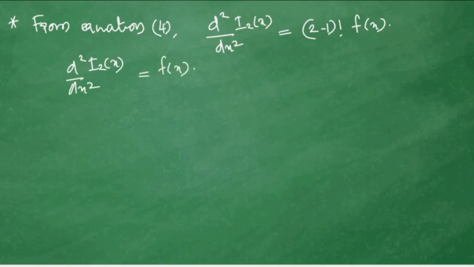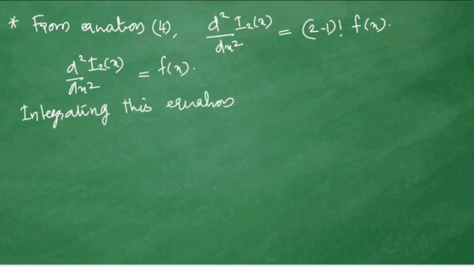Again integrating this equation from a to x, we have I2, it is the second derivative. When we integrate this from a to x, it will move to the higher derivative, that is the first order derivative.